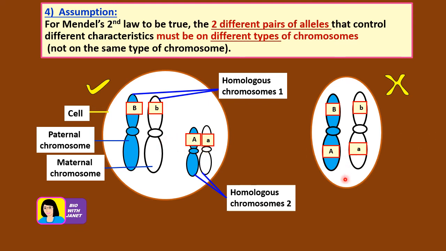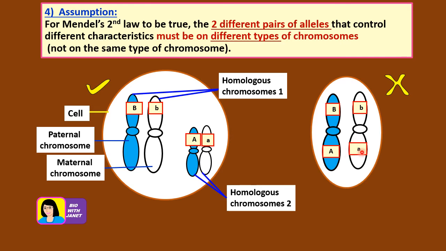So it's not like this situation. If the first pair of alleles, the B alleles, are on chromosome number 1, and the second pair is also on chromosome number 1, maybe at a different locus, then during the formation of gametes, there's a greater likelihood that the big B and big A alleles will be found together, and the small b and small a alleles will be found together, unless of course there's crossing over and exchange of segments of DNA and so forth.